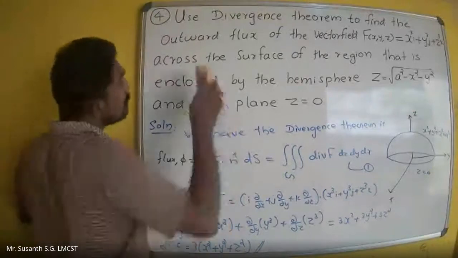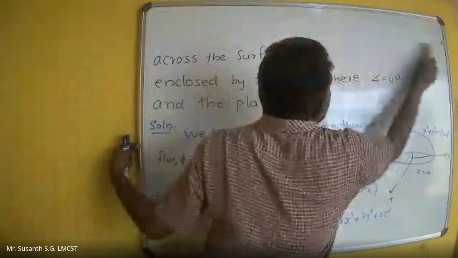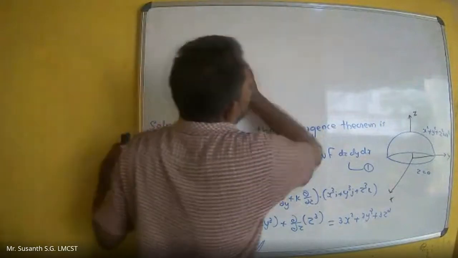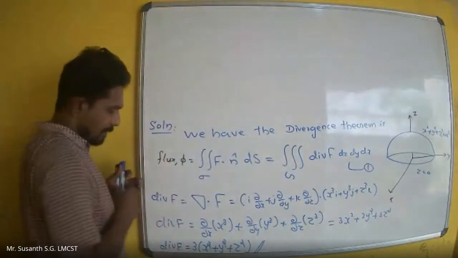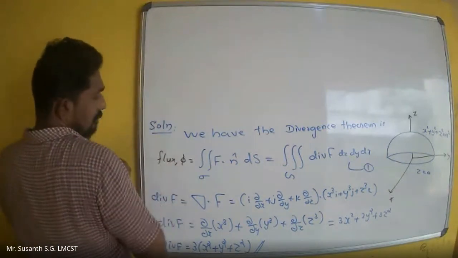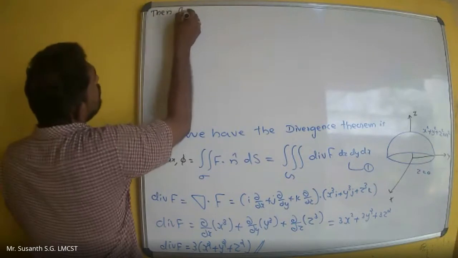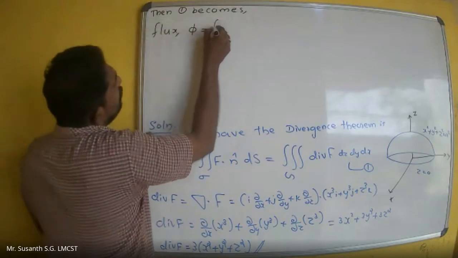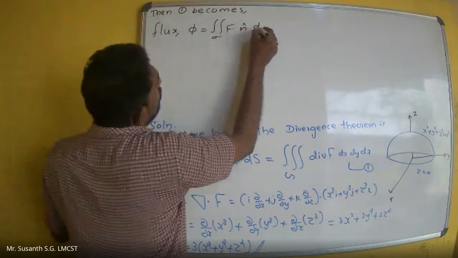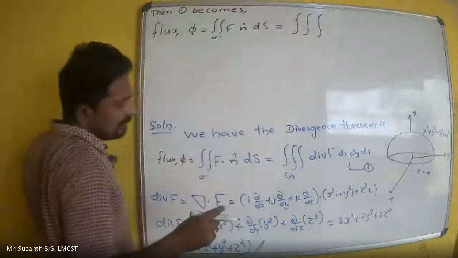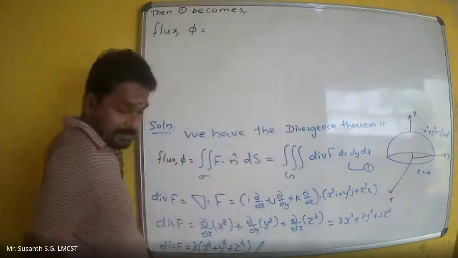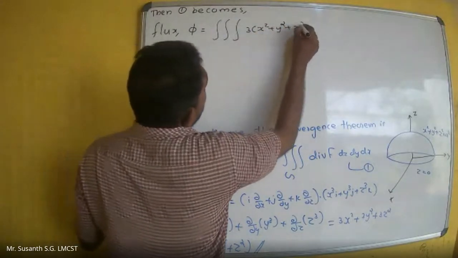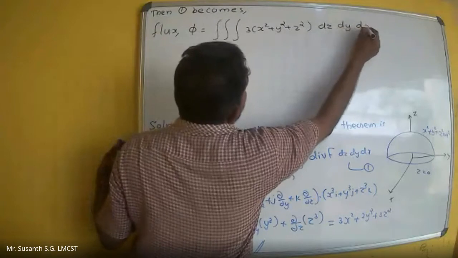So we substitute this in equation 1. Then equation 1 becomes: flux phi is equal to the triple integral of 3(x² + y² + z²) dz dy dx.